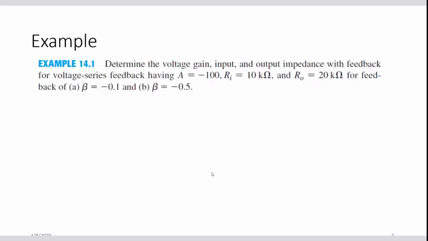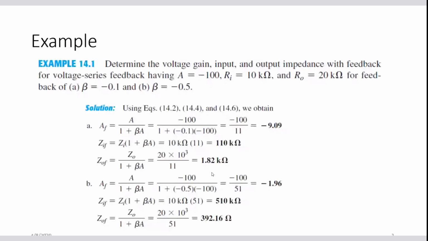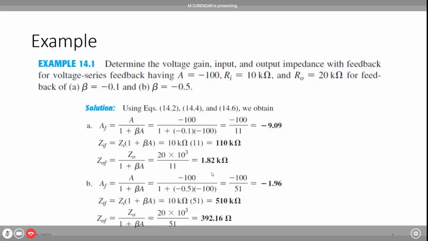You can see first they have computed the voltage gain, that means the gain after introducing the beta, that means the feedback network, and the value of the gain is minus 9.09. And here in part B, when I'm feeding back 50%, that means minus 0.5 of the output, I get a voltage gain of minus 9.6.